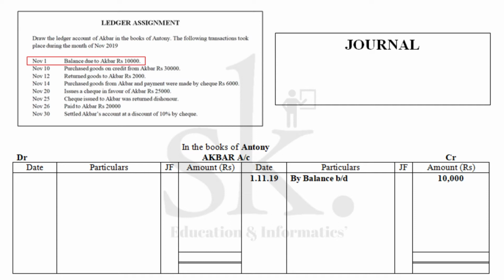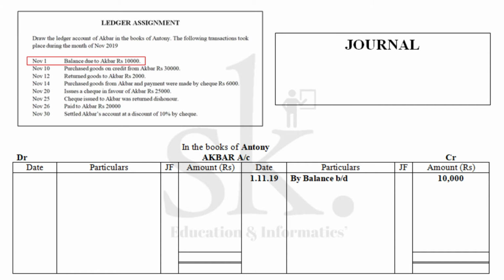So once we move on to the next month, in November, that balance stands, and we require to pay an amount of rupees 10,000. Since Akbar is a creditor, and a creditor is a liability, it is a credit balance. So on 1st of November 2019, we started with by balance b/d rupees 10,000.